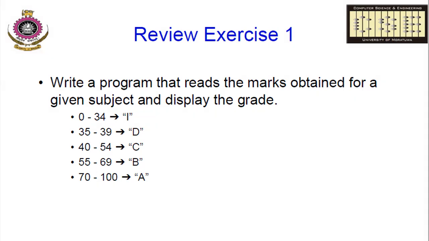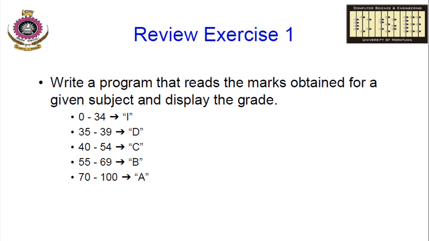Before we proceed to the content of this session, I would like you to try this review exercise number 1. This exercise is on writing a program that reads the marks obtained for a given subject and display the grade. So the setting is given.